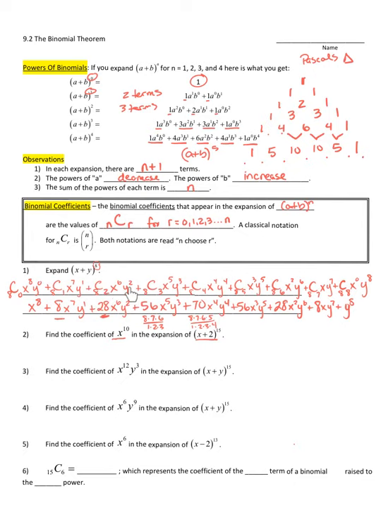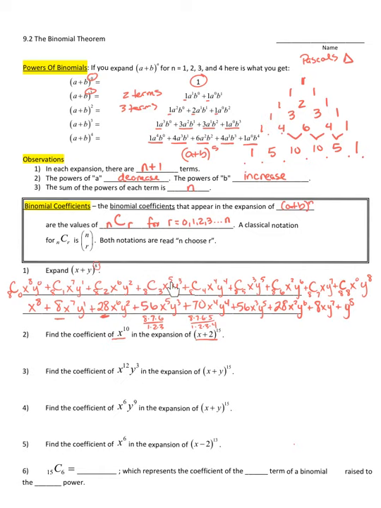Do you notice that the exponent on the second part of the binomial, in this case y, is the same as the second number in your combination? Look, 0, 0, 1, 1, 2, 2, 3, 3, 4, 4, 5, 5, you get it? 6, 6, 7, 7, 8, 8. So that's always the same.